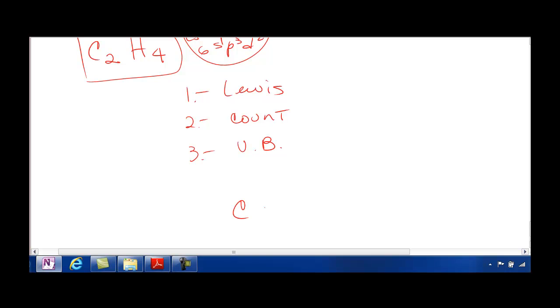Okay, Lewis, I'm going to assume we know how to do because we've done it many times. So I'm going to go ahead and do Lewis for you. Hydrogen shares 1 because it's the only thing it has. If it had been 4 fluorines, it's the same thing, shares 1. And then carbon has how many? 4. So I'm just going to go like this, like this, like this, like this, like this, like this.